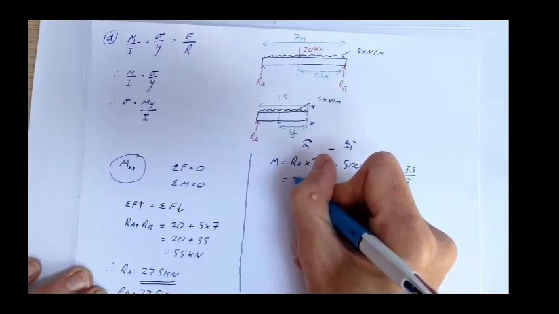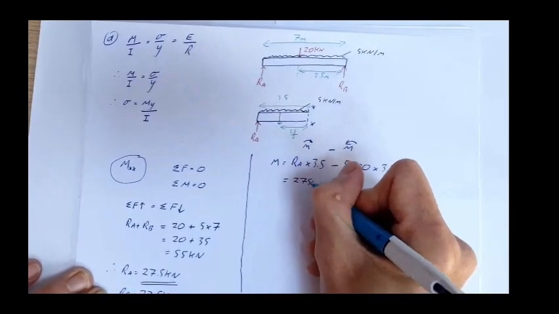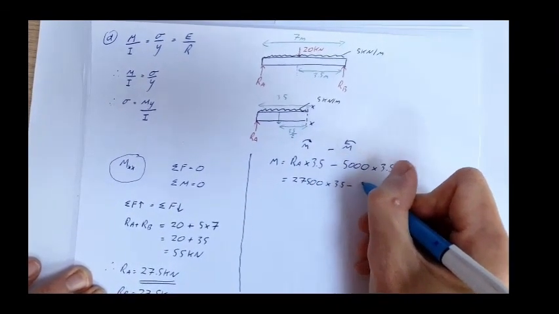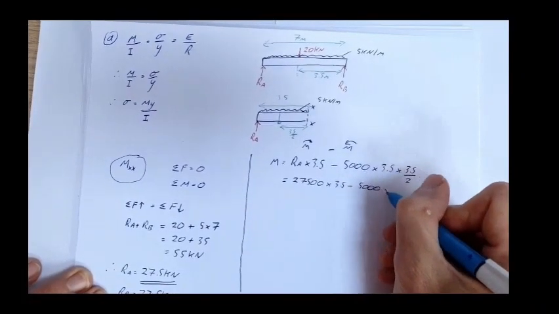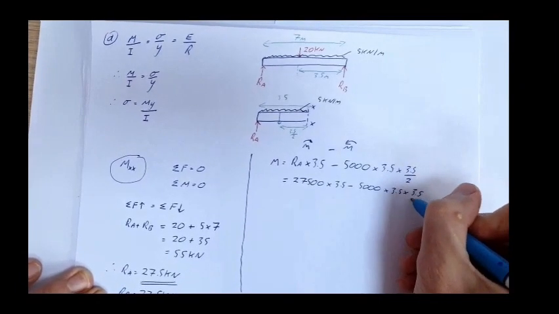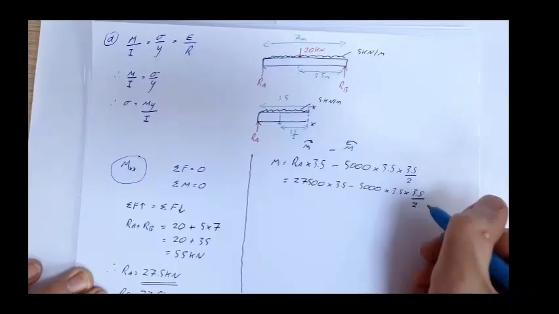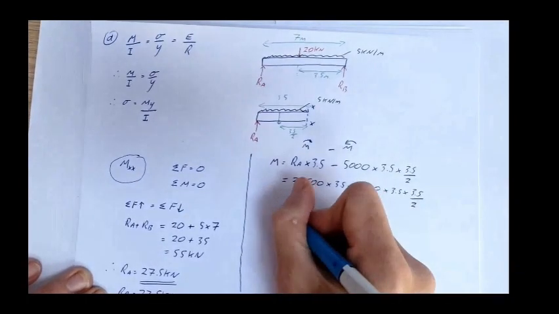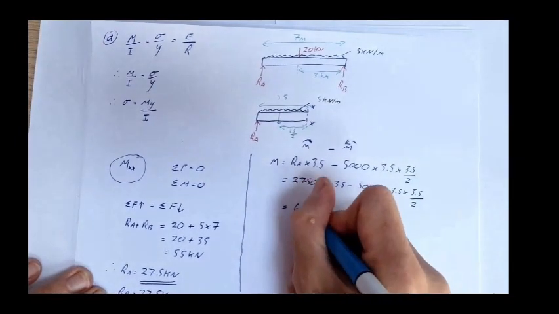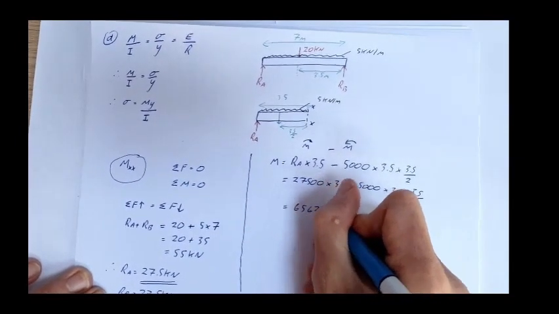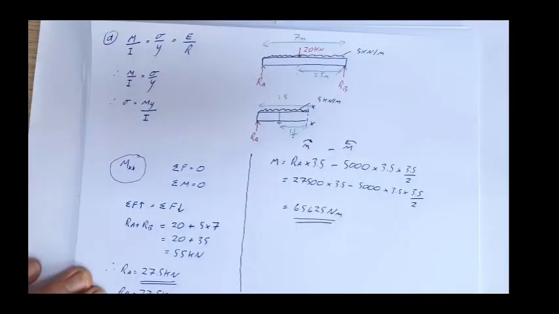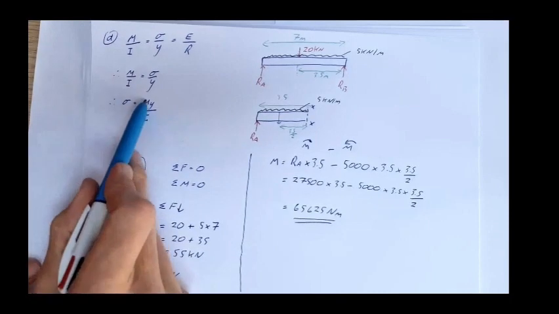RA we've already said was 27,500 times 3.5 minus 5,000 times 3.5 times 3.5 over 2, which gives me my moment in the center of the beam of 6,562.5 newton meters.